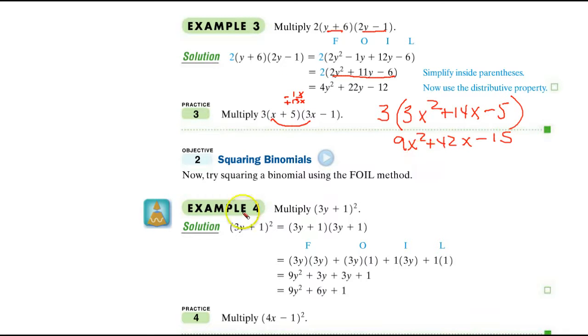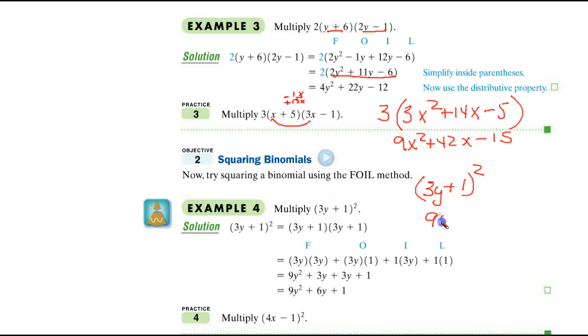Now, again, you could write this twice, but the way I'm going to strongly suggest that you do this is that special way, because they're going to show you this in a few moments anyway. Square that first term.